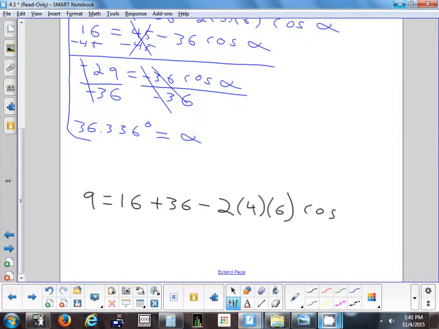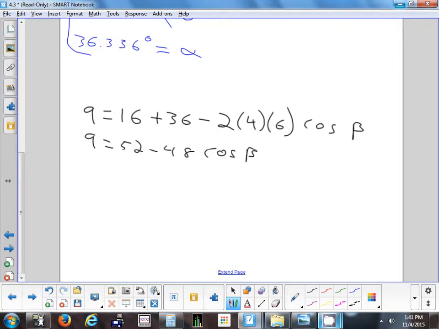Beta. Okay, so 52 minus 48 cosine beta. One mistake I saw, people added 52. It's already positive. Make sure you subtract it. And that's going to give me negative 43.